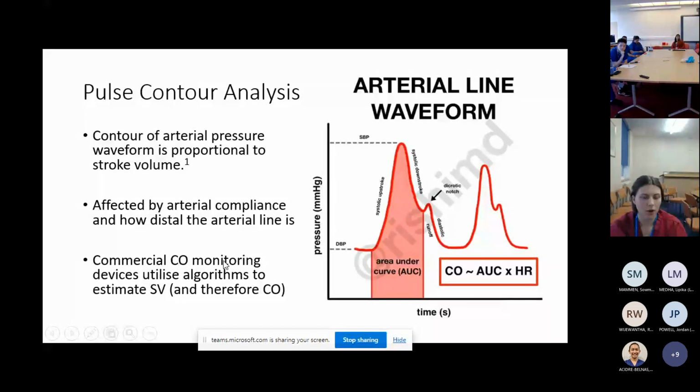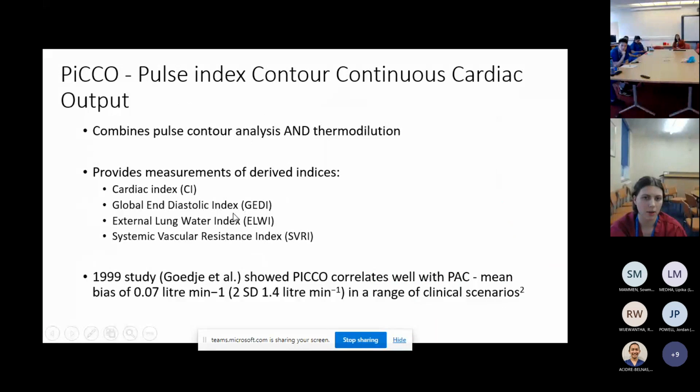This is, however, the method that a couple of the commercially available cardiac output monitoring devices use, which I'll go into now. So the PICO, which is the pulse index contour continuous cardiac output monitor, which I've come across in Ealing, and I'm sure a lot of you have come across as well. This uses pulse contour analysis, but in order to get around this problem of the arterial compliance, it also uses thermodilution as a calibration technique.